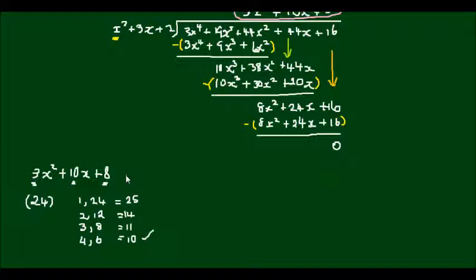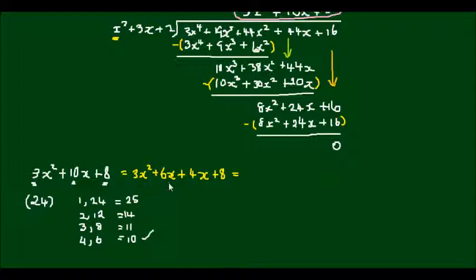So we can rewrite 3x squared plus 10x plus 8 as equal to 3x squared plus 6x plus 4x plus 8. And now we can factorize out some terms.